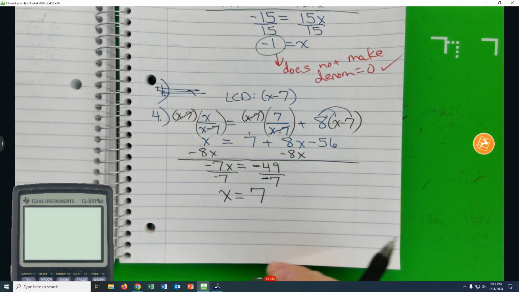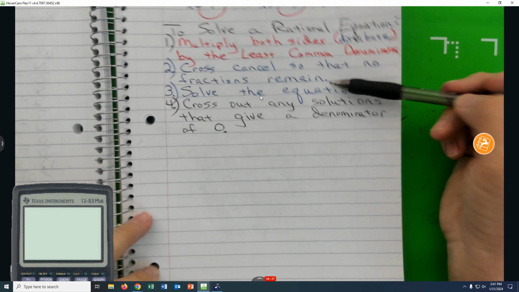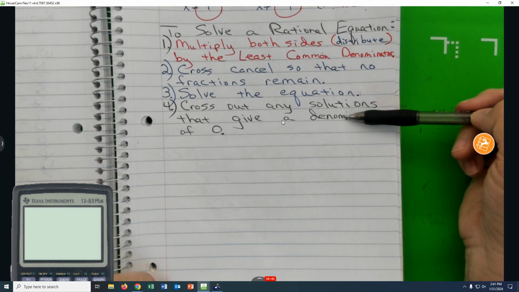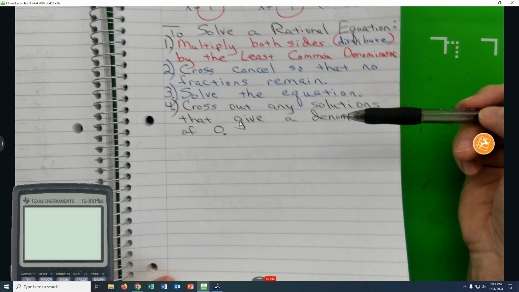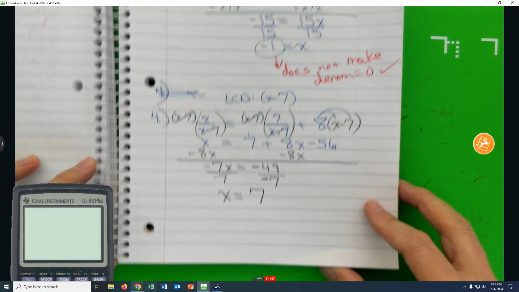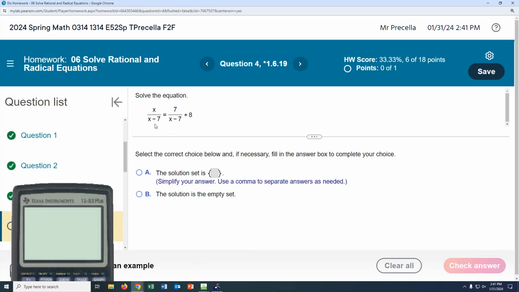So we've done the first 3 steps. Multiply, cross cancel, solve. Last thing we have to do is make sure that the number we get doesn't give us a denominator of 0. Let's look at the problem right here. Look at the original problem. What would make these denominators 0? What x value?